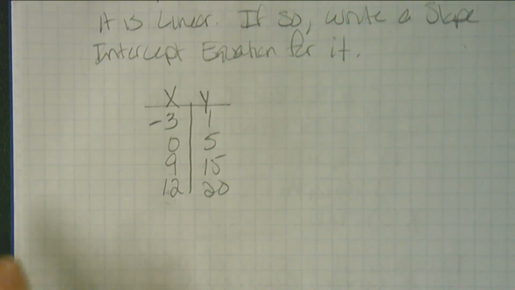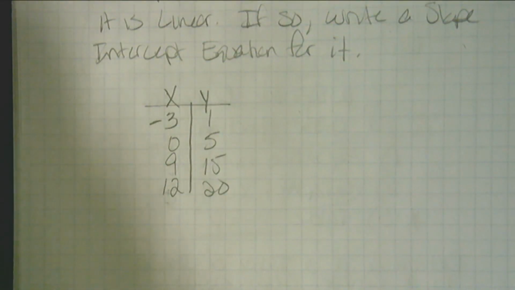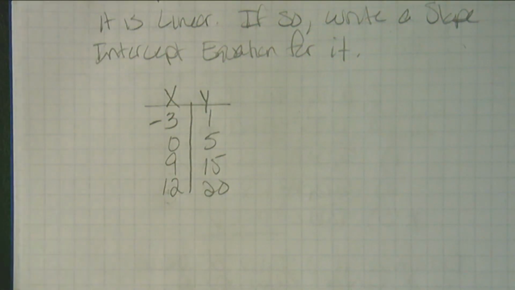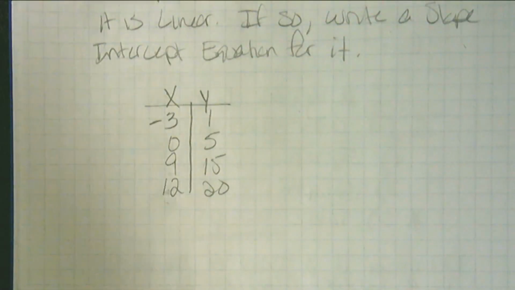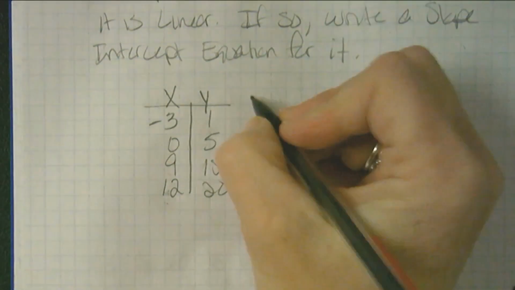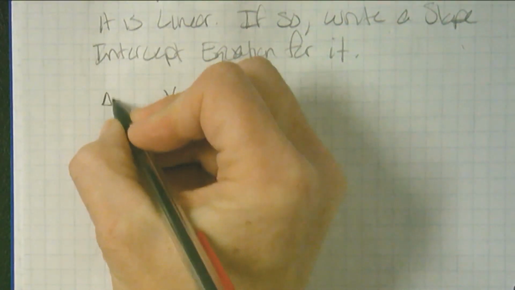Determine if it's linear. If it is, let's write an equation for it. So remember, you are doing a change in y on the right, you're doing a change in x on the left.